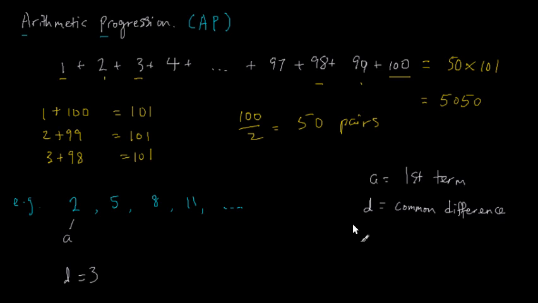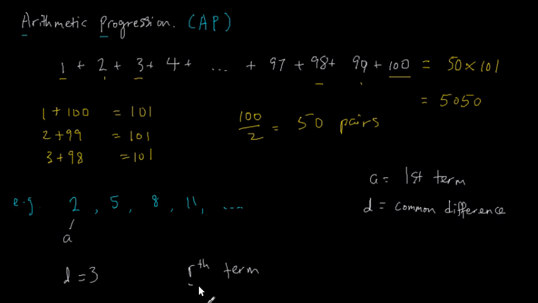And as I said, what I like to do is to get a formula to help me to find any term I like. So let's say I want to find the Rth term. Now what do we mean by the Rth term?